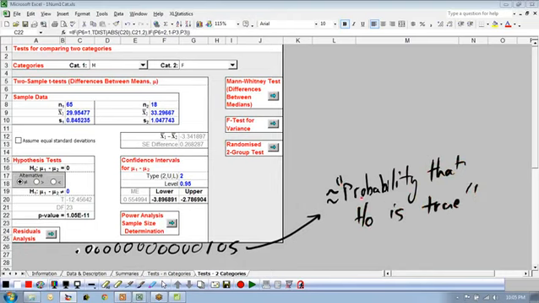Which is a pretty darn small number. So that's going to tell us that instead of going with H0, we're going to go with HA, and there really is a difference. Mu F is not equal to mu M, and the difference is real. It's statistically significant. So what we saw in that plot, or those plots, is real.